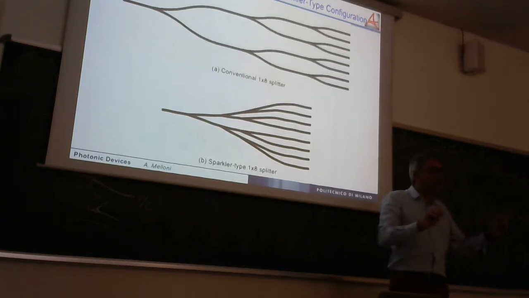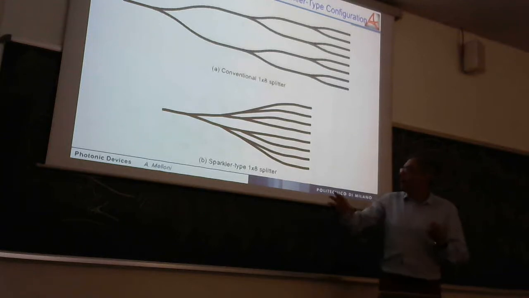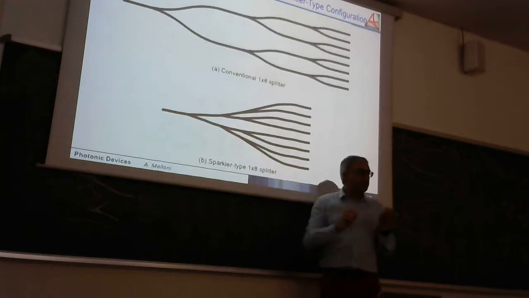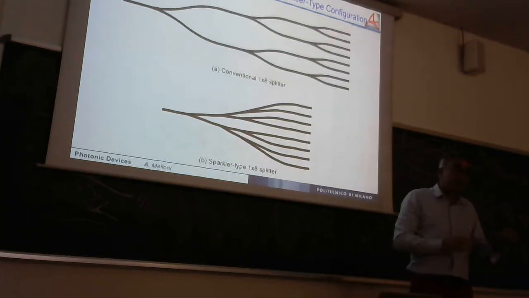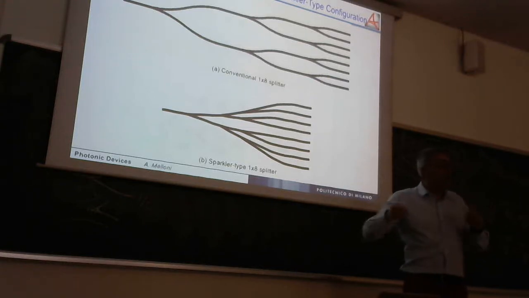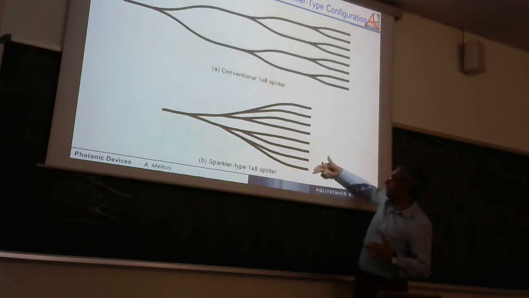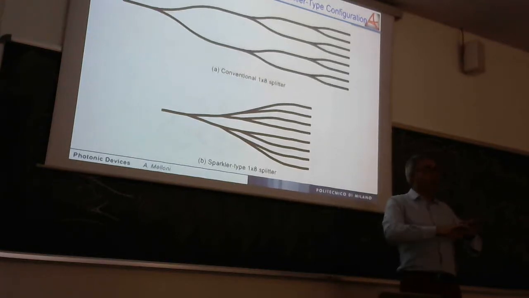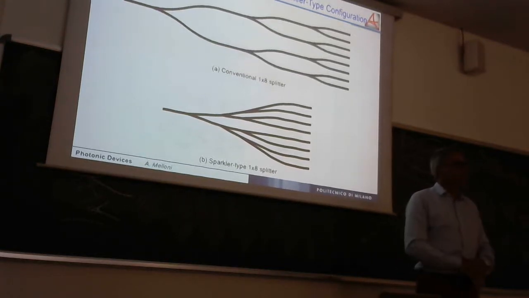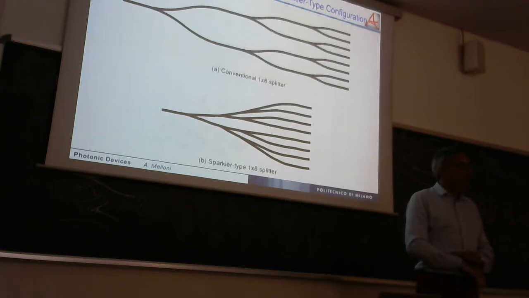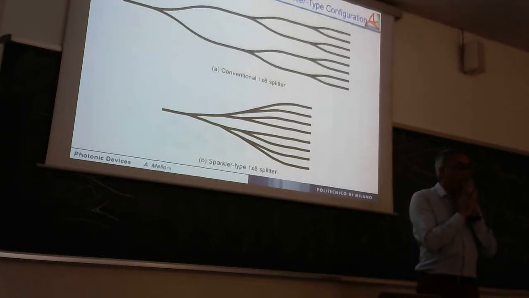Maybe you have a 49, 51 in the first one, and then the second one is 48, 52, and then 51, 49 again. So you have some imbalance of the splitting. While with a Y branch, you are sure that it is 12.5% each.